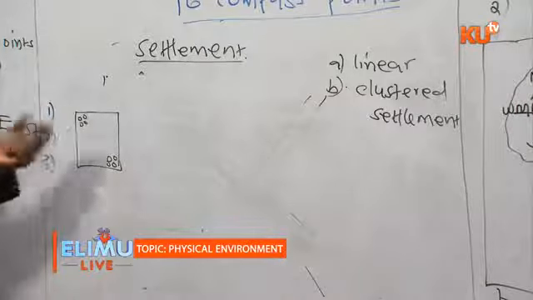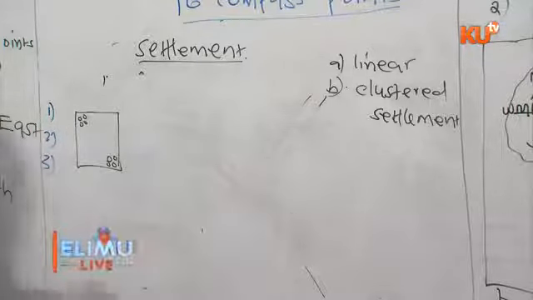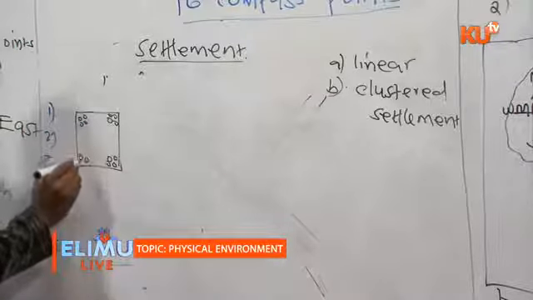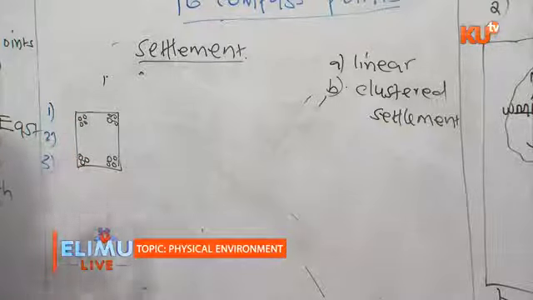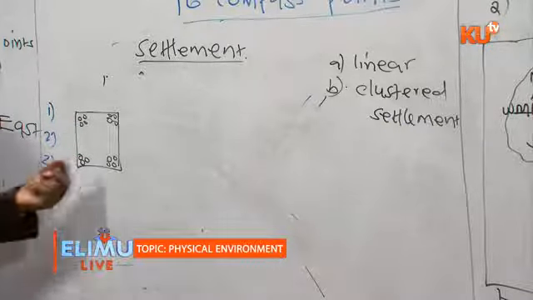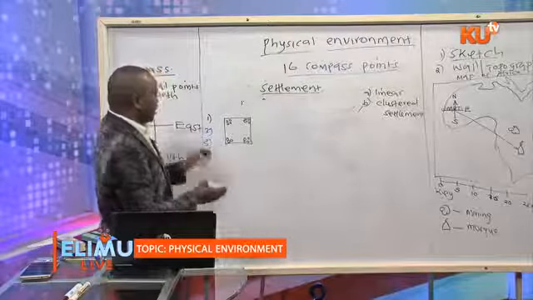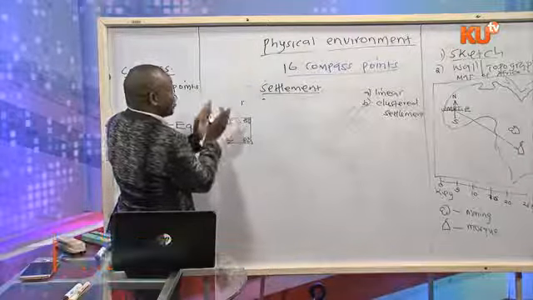So there is a very large group of people that are concentrated in one area but at different places. So we have this one, this, and this. When you find such a scenario, of course you are going to call it clustered settlement. How? Because there is a distribution of people who mostly live in one area and concentrate there.